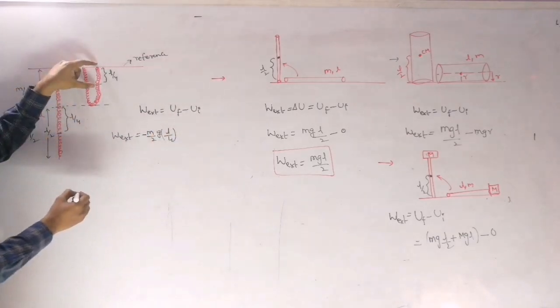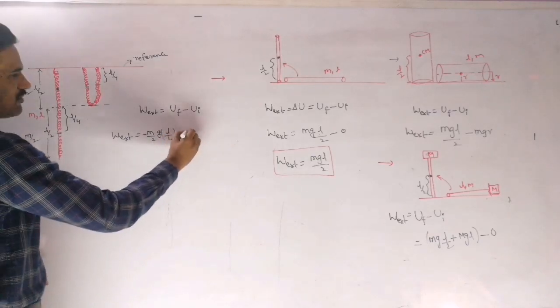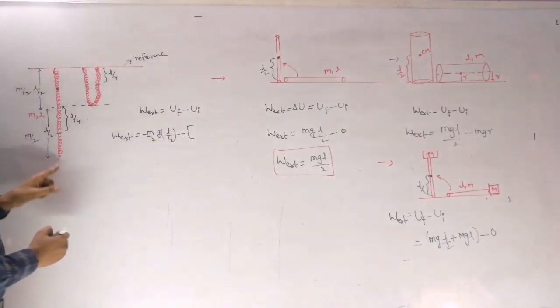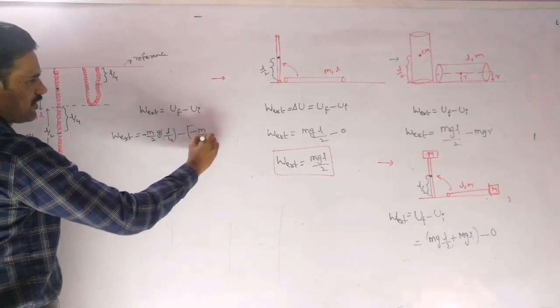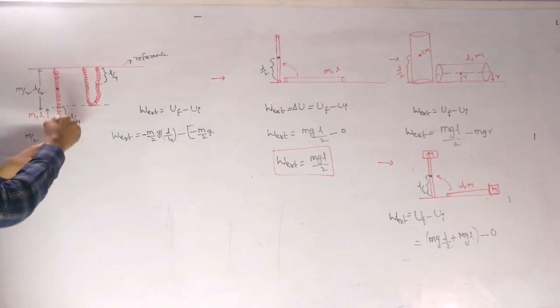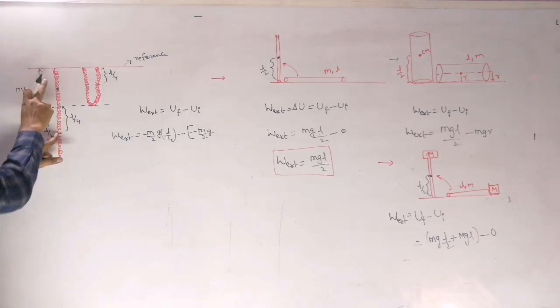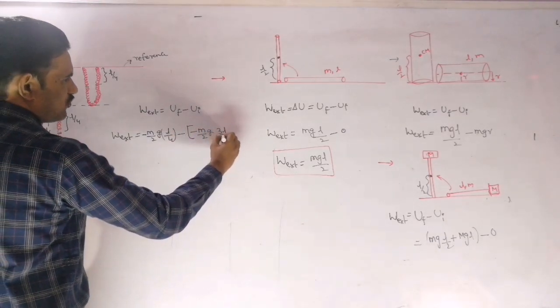Its center is at a distance of L by 4 below the reference level. Minus, again the initial potential energy is also negative, so it is minus M by 2 into g into its center from the reference level. From the reference level it is L by 2 plus L by 4, which is 3L by 4.